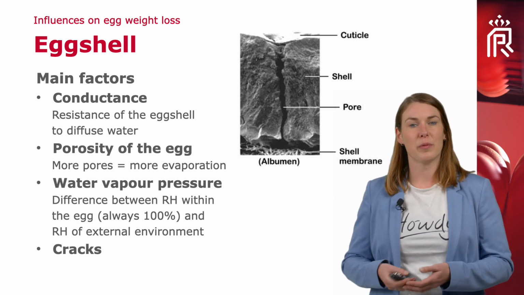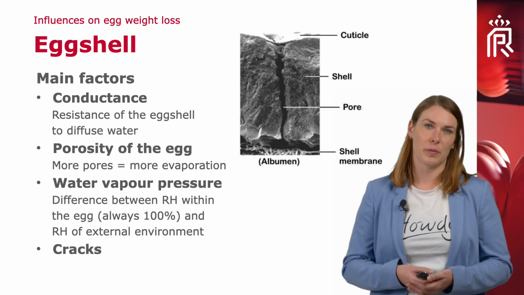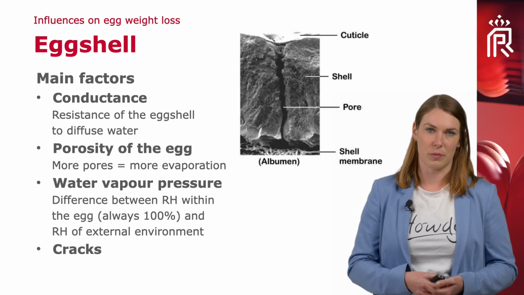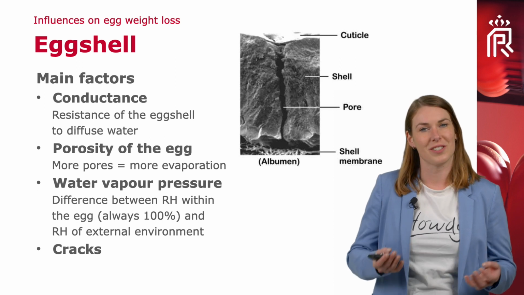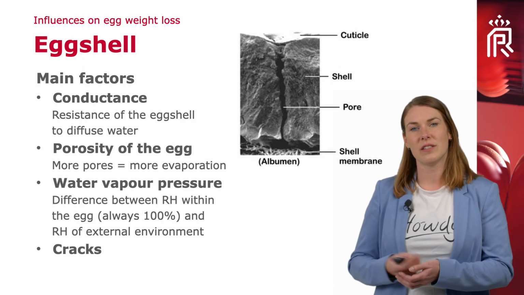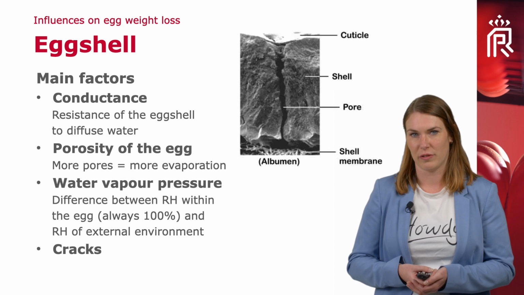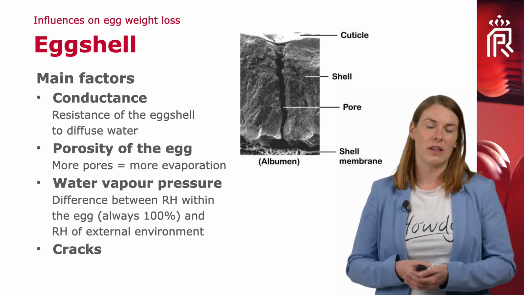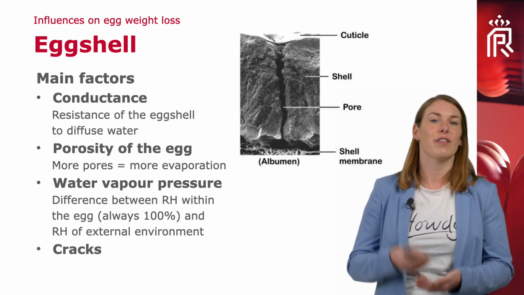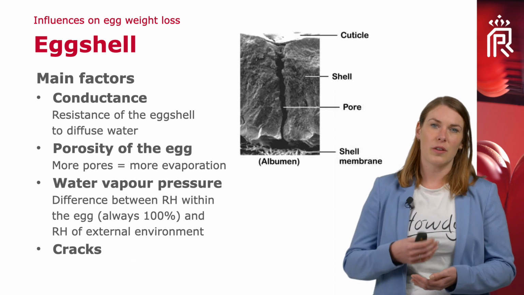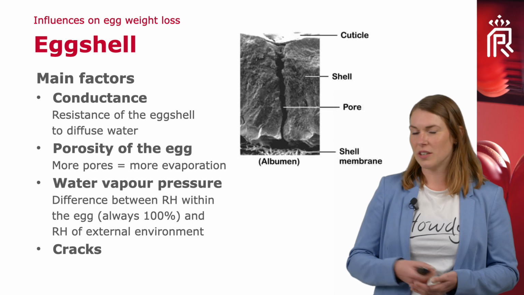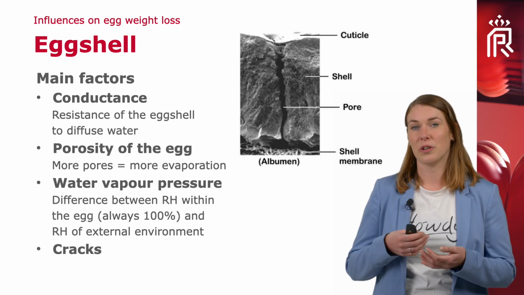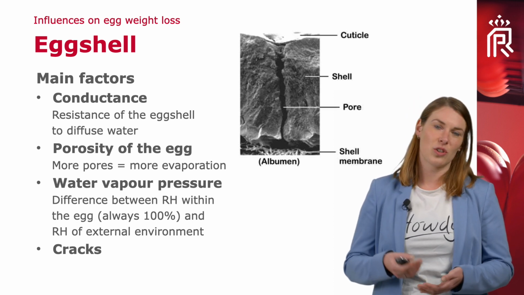The water vapor pressure of an egg is determined by the difference between the relative humidity within the egg, which is always 100% because it is wet, and the relative humidity of the external environment. So that would mean if we incubate the egg in a very low humidity, there would be more water vapor going out. Last but not least, I think everybody will agree with this, is cracks.